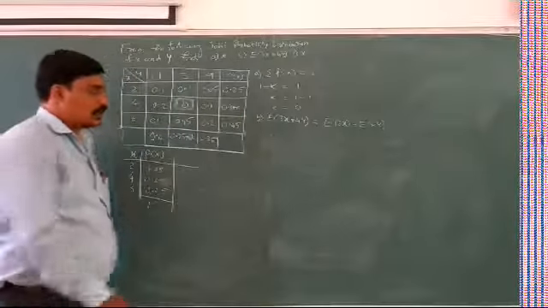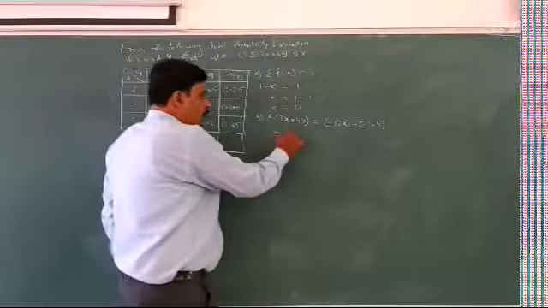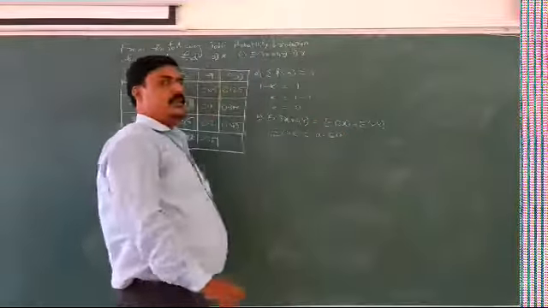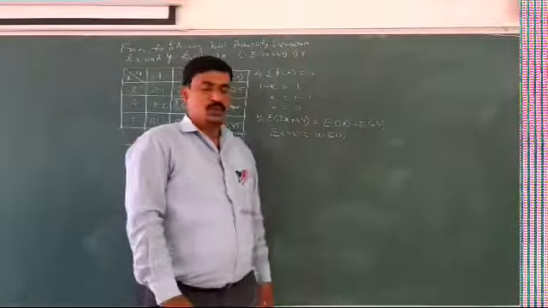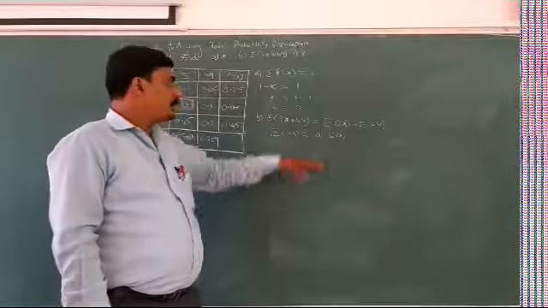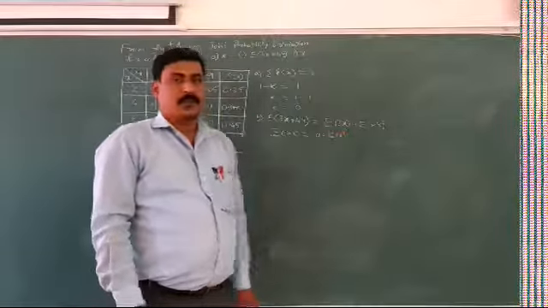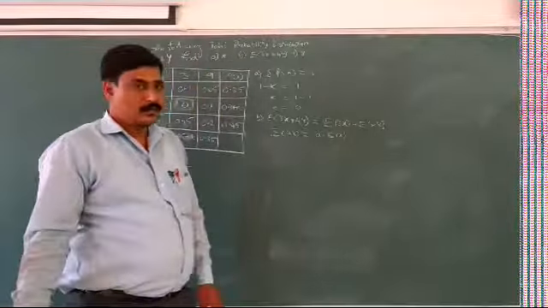Already we learned that E of ax is equal to a into E of x. By considering this, we can solve these two by finding E of x and E of y. So let us find both.